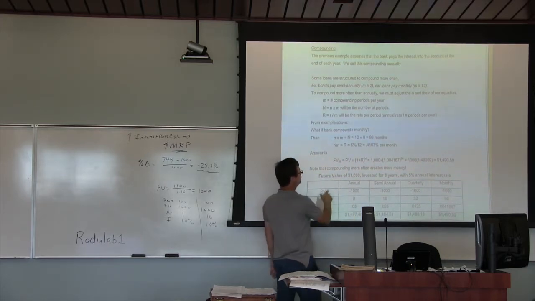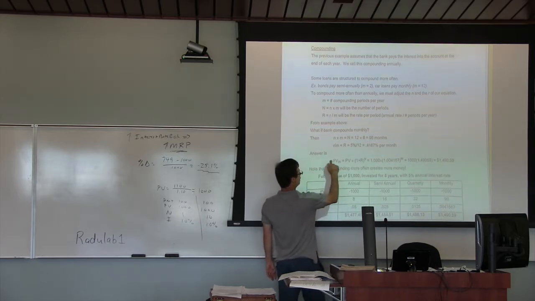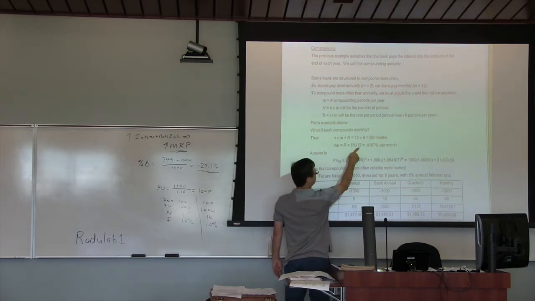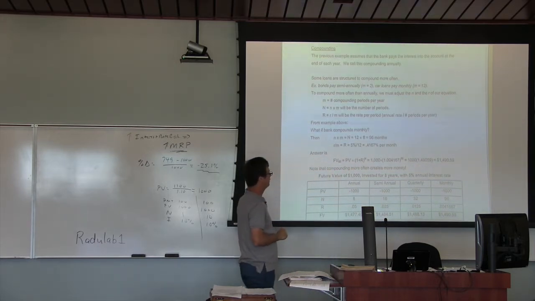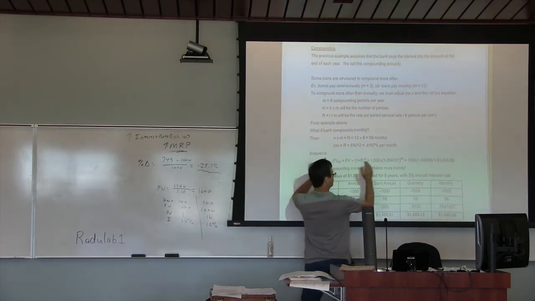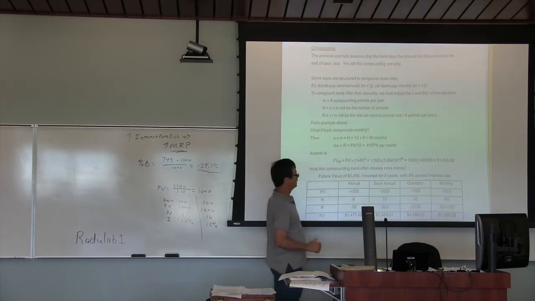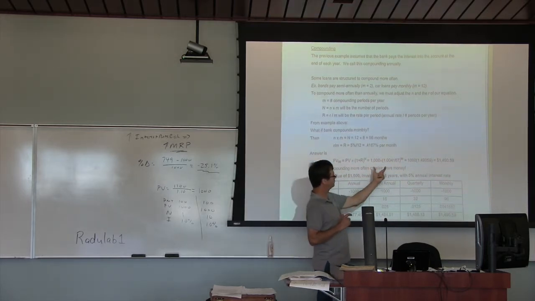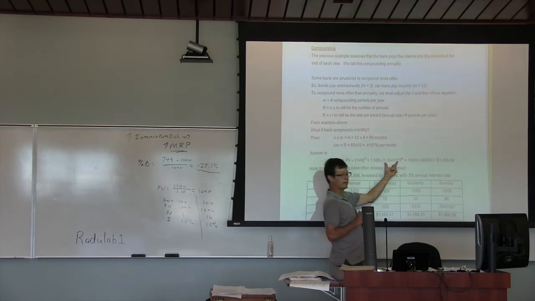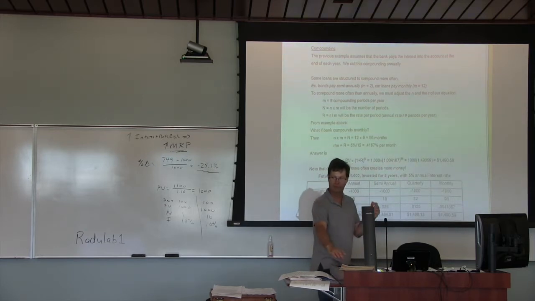The R that we use then is a periodic R. We take the 5% annual rate divided by 12, gives us 0.4167% per month. If we're going to do that one longhand right here, it's going to be 1.004167. When you do that sort of work, you would take the 0.05 divided by 12. You do that first.